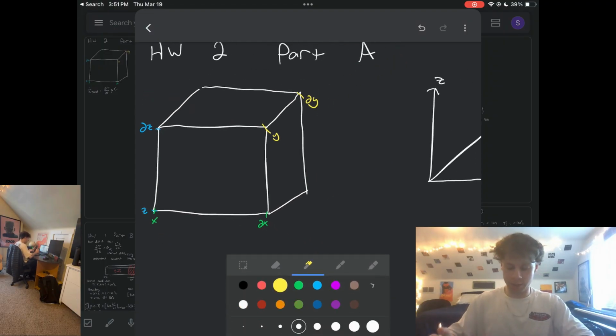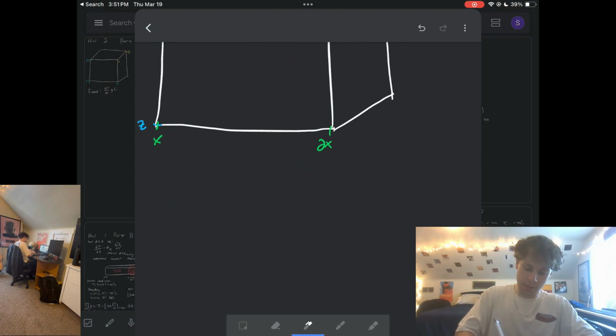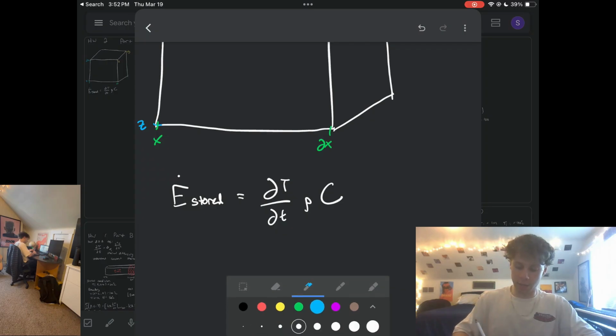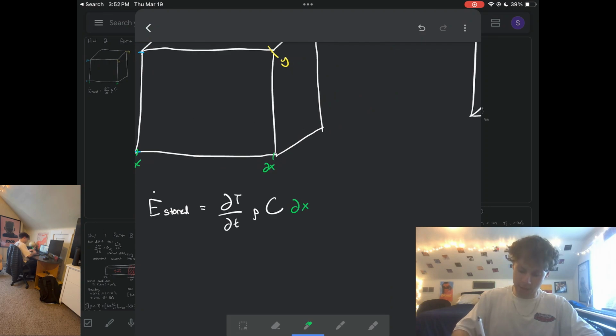And the cube has a stored energy. So we'll call that E stored, which is equal to our change in temperature with respect to time multiplied by our density and our heat capacity throughout our area, which we'll call dx, dy, dz.